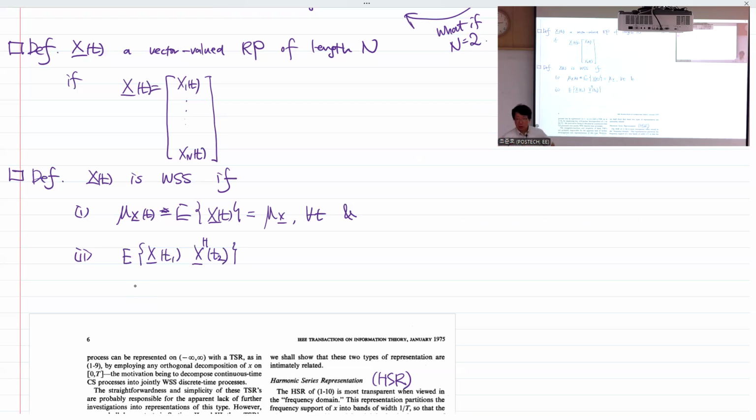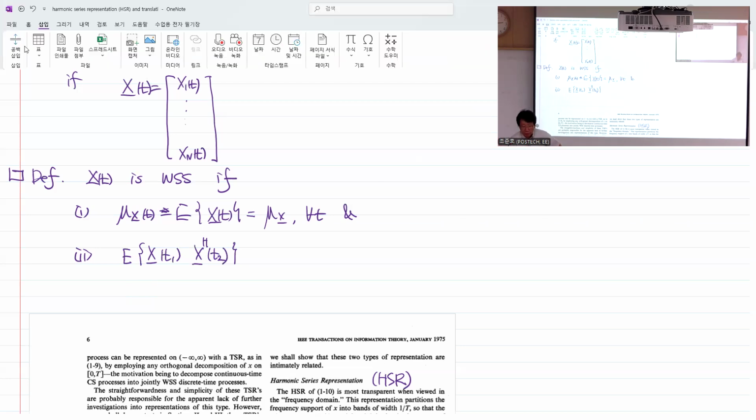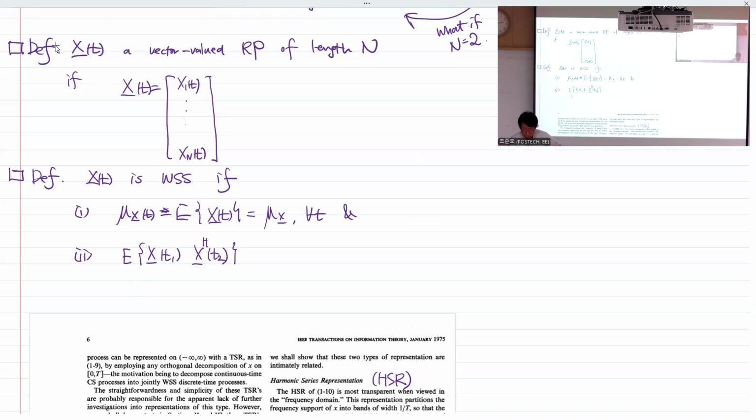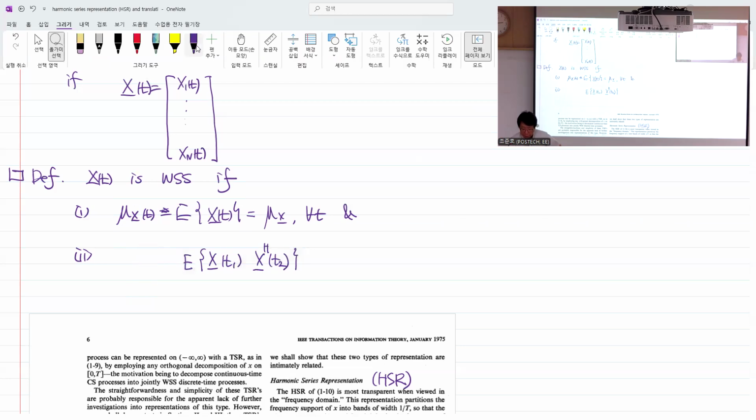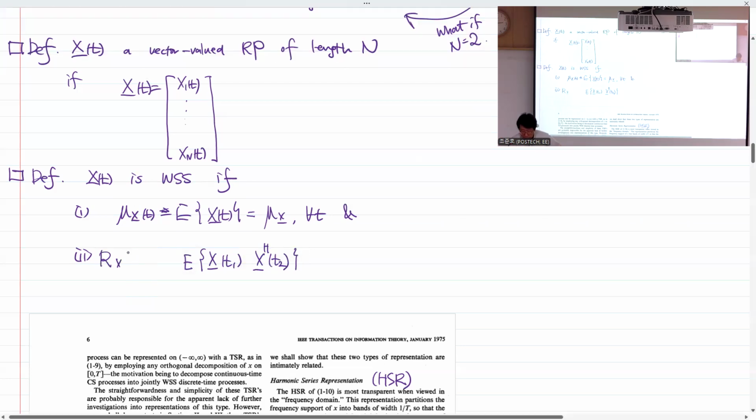Here, capital H is Hermitian or complex transposition. And let's denote it by this one. Okay.